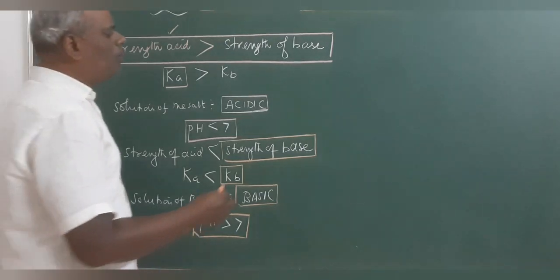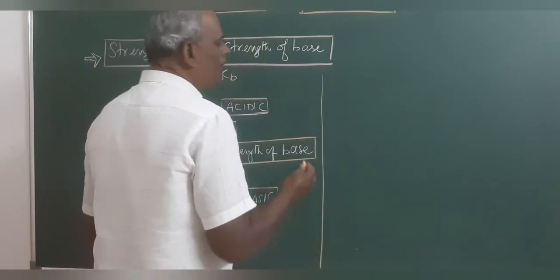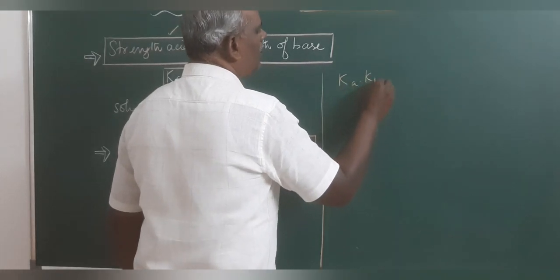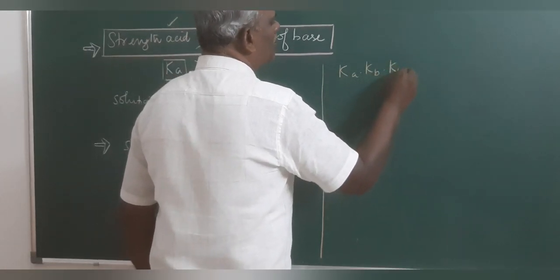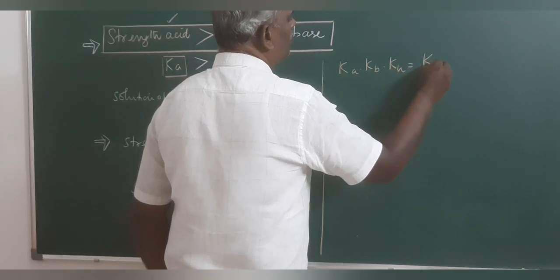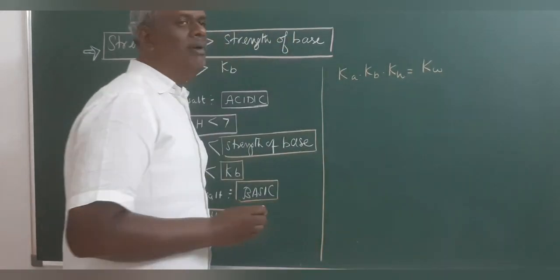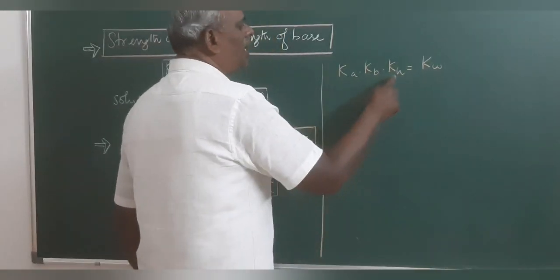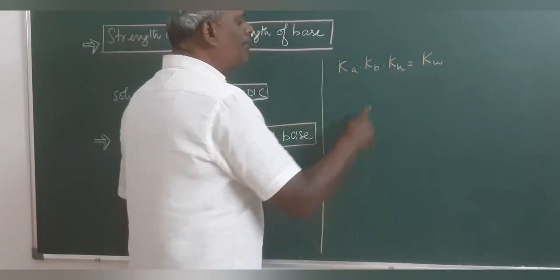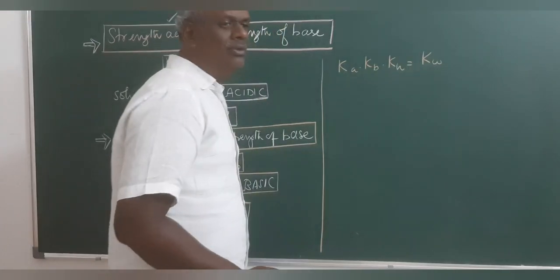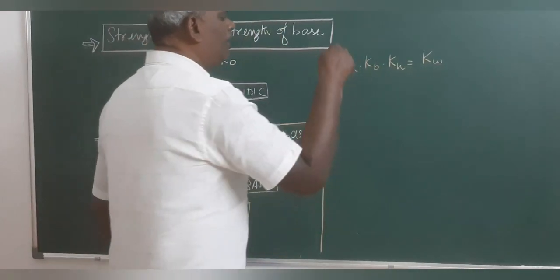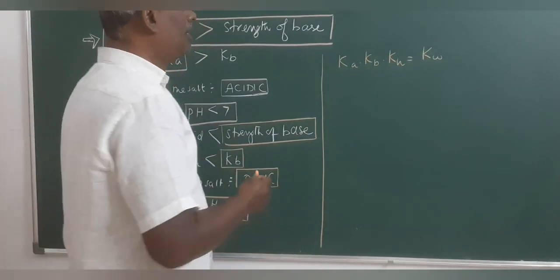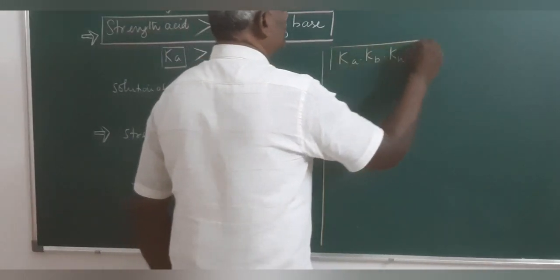To calculate the pH, we have the relationship between Ka, Kb and the hydrolysis constant. This product is equal to Kw. Previously we noted that Ka into Kh is Kw, or Kb into Kh is Kw. Here the dissociation constants of both the weaker acid and weaker base are considered and the relationship is obtained like this.